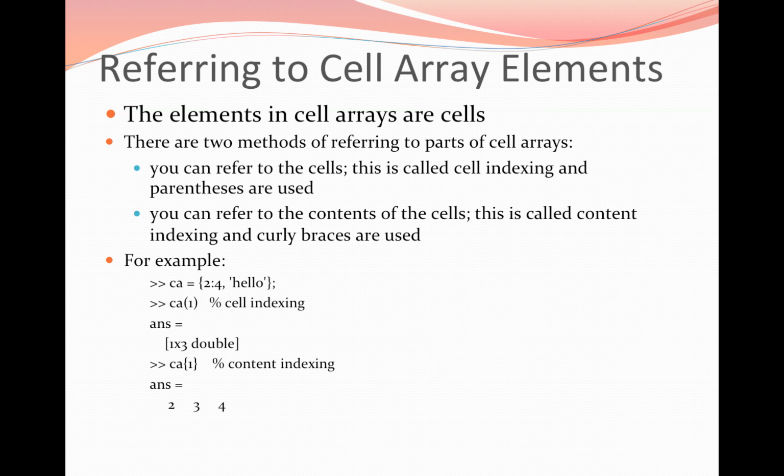If I use content indexing, however, by saying CA curly braces 1, then it will show me the actual contents of the first element of the cell array. So notice that we use curly braces to create the cell array to begin with, and then also we use curly braces for the content indexing for the elements of the array.